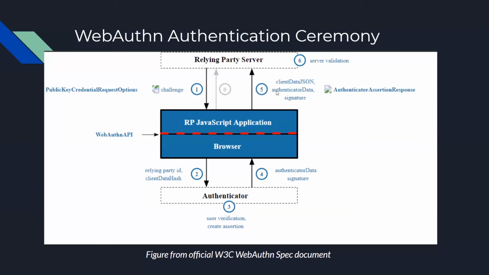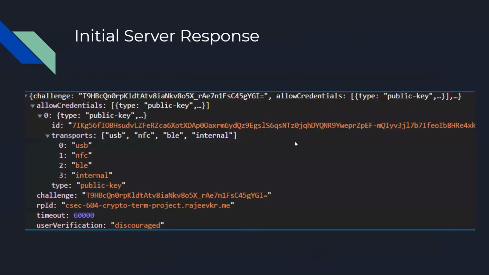The rest of the data is essentially for additional verifications, to increase security, checking whether the parameters that we sent match whatever the authenticator is responding with, and whether it has been tampered with in transit or not. So this is how the initial server response looks.